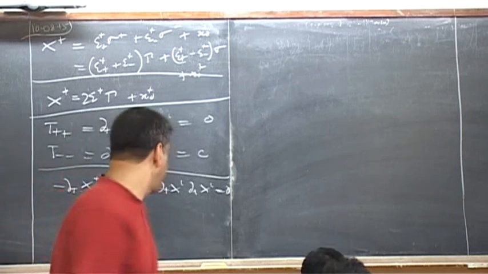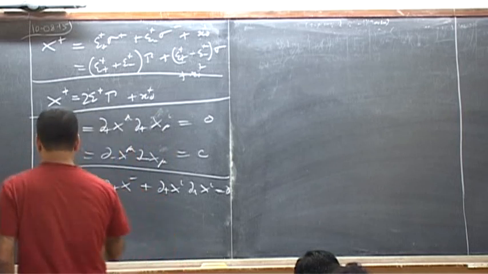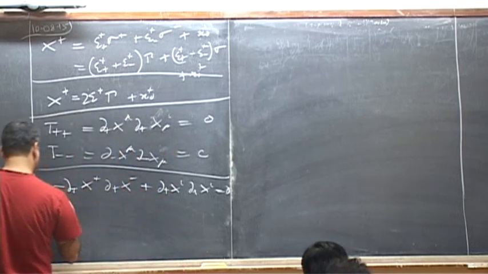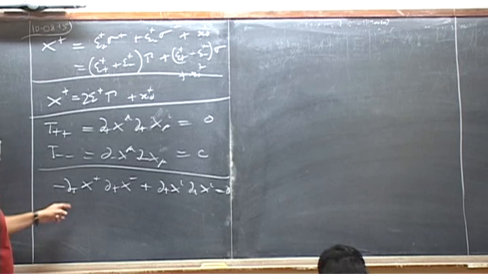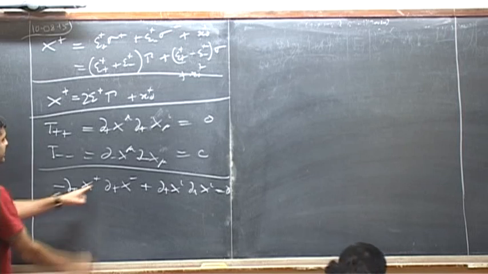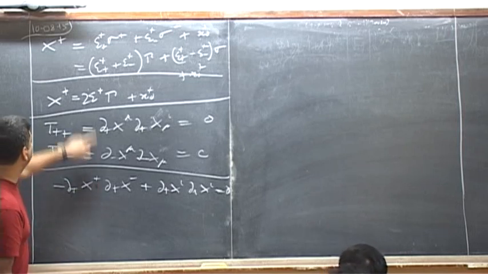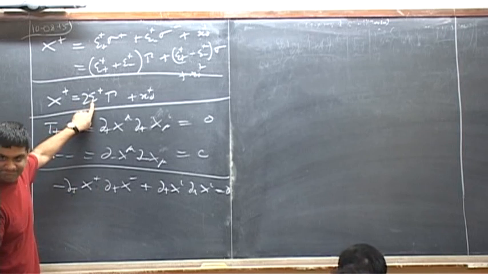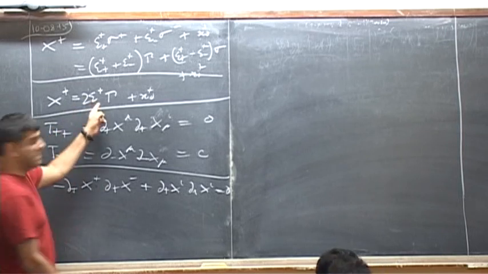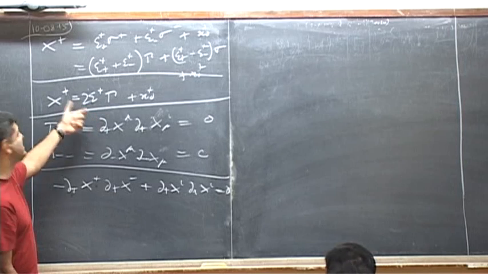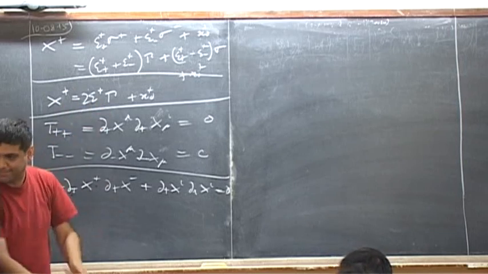Then we use that to substitute for what del plus of x plus is here. That's just zeta plus, not 2 zeta plus, because you write this as tau plus sigma plus tau minus sigma.